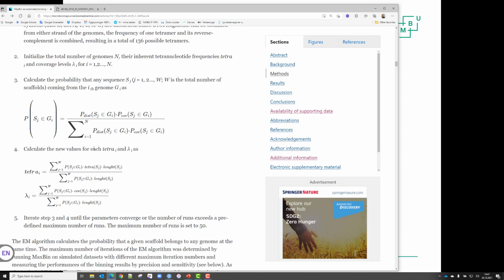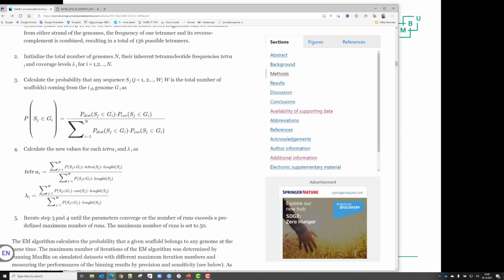And once you've done that, you can compute new representative frequencies and new representative coverages based on those contigs that were assigned to these different genomes, different bins. And then you go back here again and do this all over again with the new values of tetra and lambda for each bin.